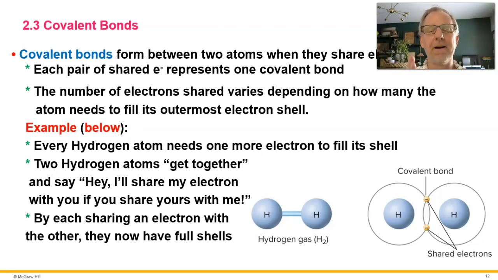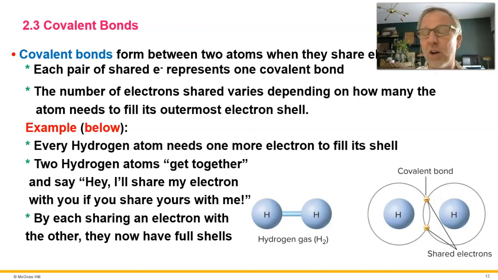Now, if we turn to carbon, because I've mentioned carbon a few times now, carbon has 6 protons, has 6 electrons, and if you mapped out those electrons, the first 2 would be in the first shell, and then the remaining 4 electrons would be in the second shell.